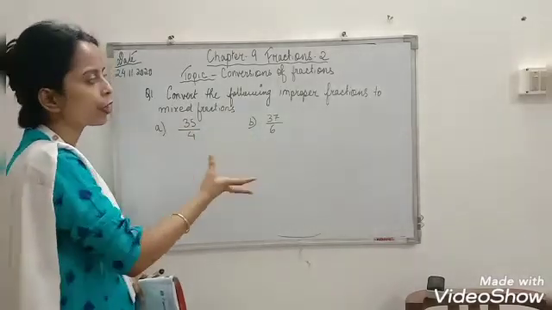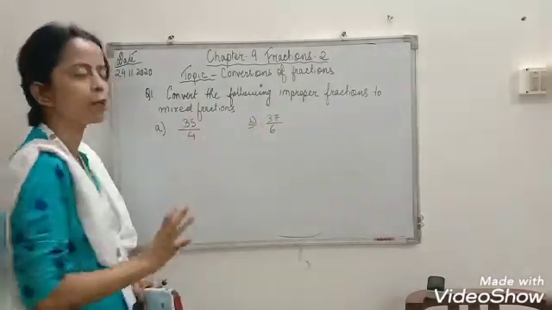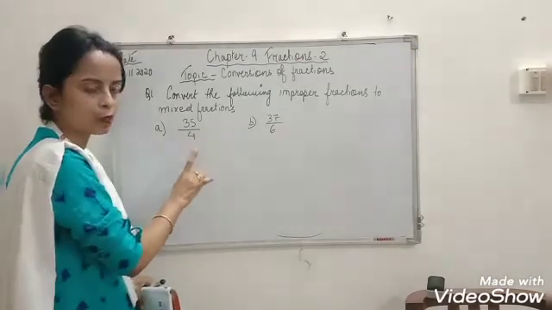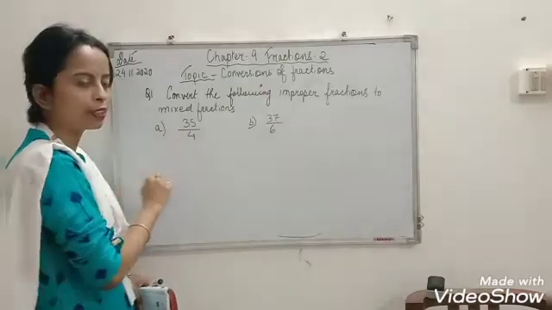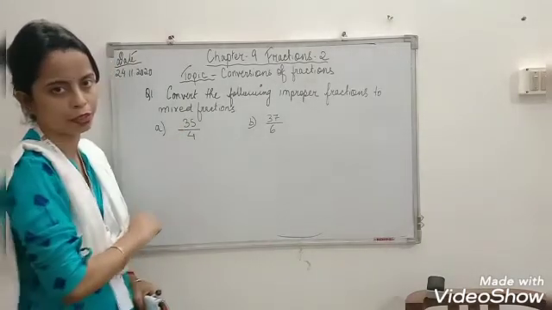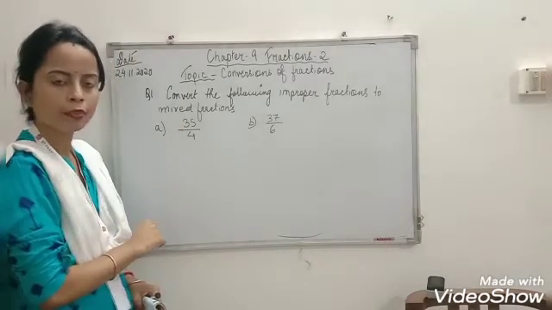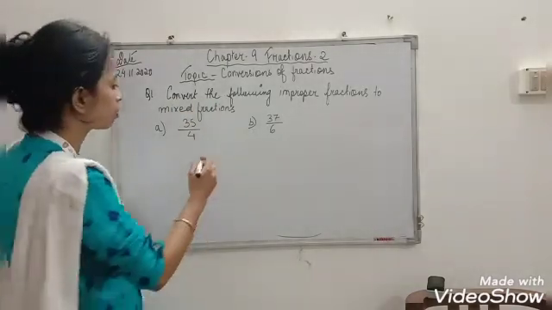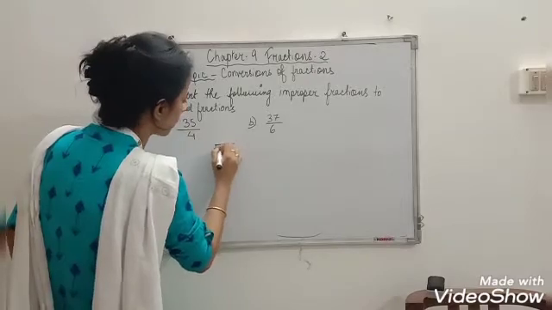Now, how are you going to convert an improper fraction to a mixed fraction? To convert an improper fraction to a mixed fraction, we have to divide the numerator by the denominator. Clear? Now here you see how to do it. 35 divided by 4.